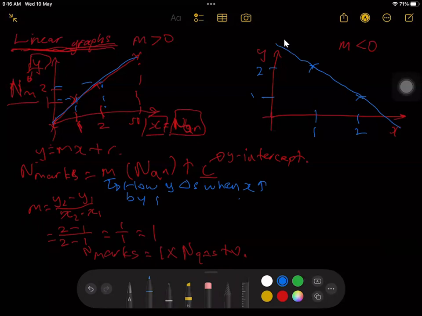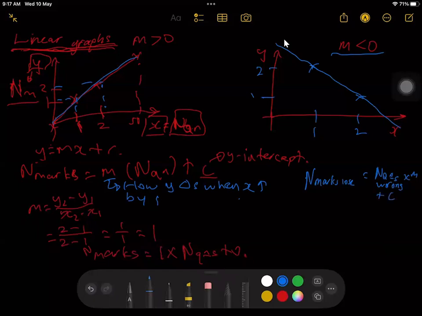Under what circumstances will you have m smaller than 0, meaning your gradient is negative? This may come in the form of, let's say, y equals the number of marks that you lose for each question that you get wrong. That means x is our number of questions that we got wrong, times m, plus c.